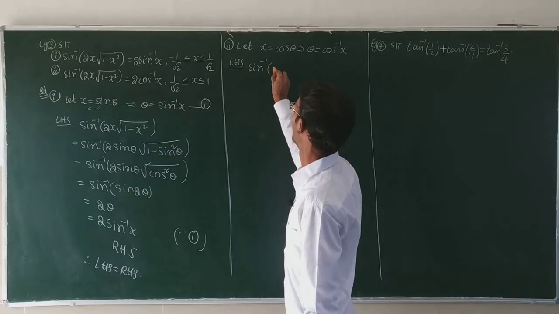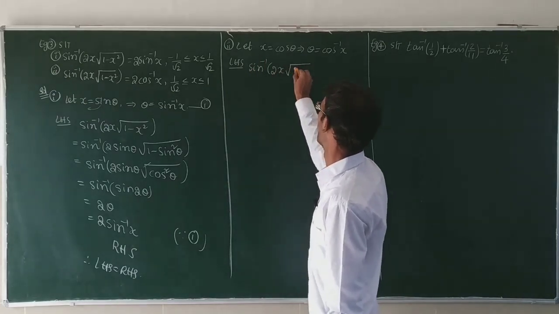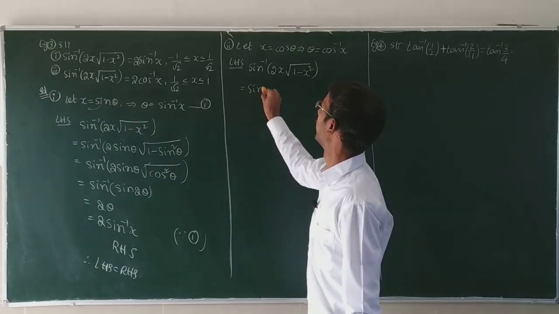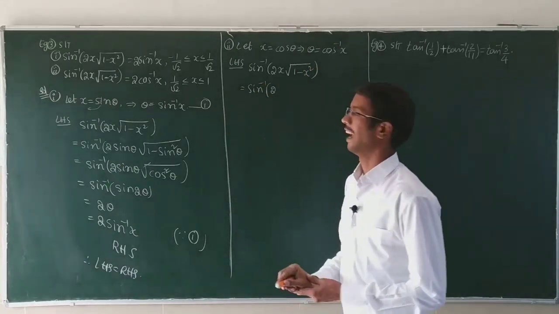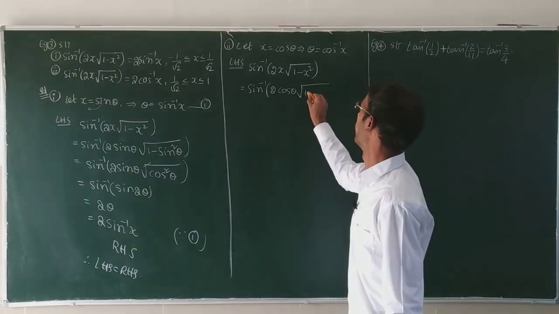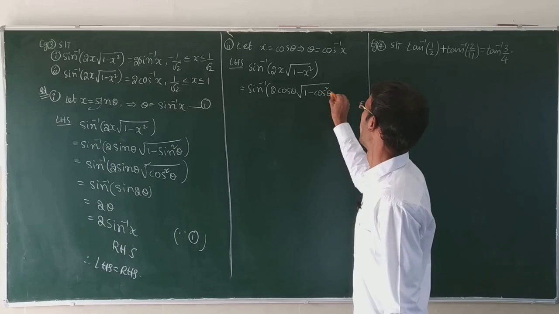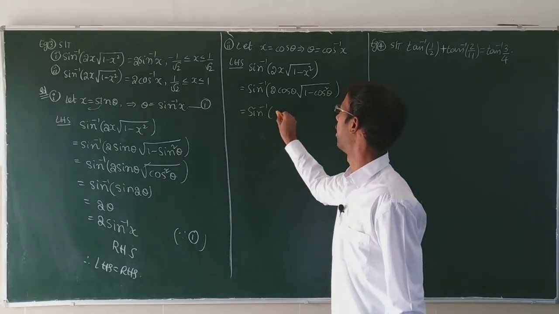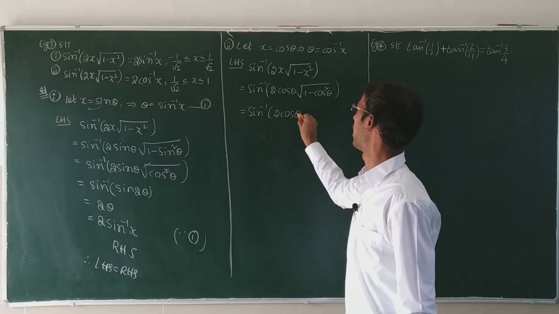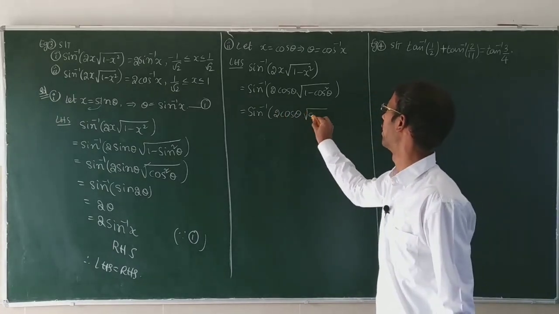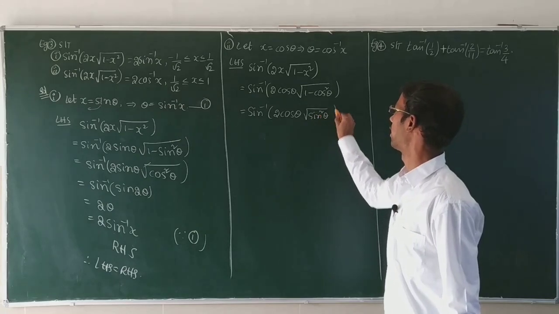Sin inverse of 2x square root of 1 minus x square. Sin inverse of 2 cos theta square root of 1 minus cos square theta, that is sin square theta.